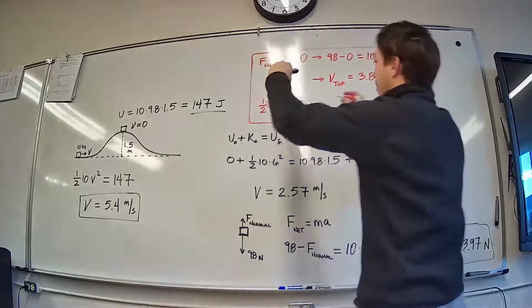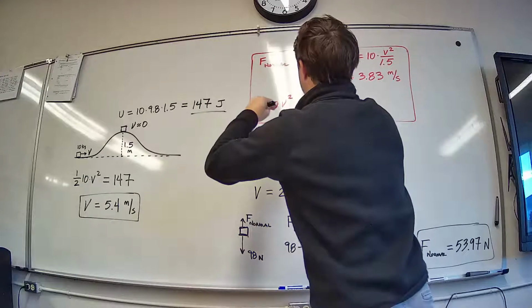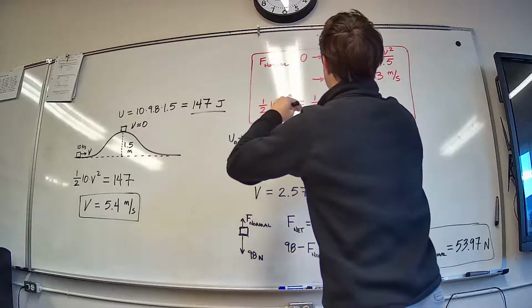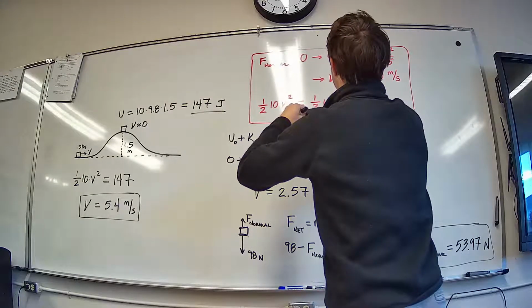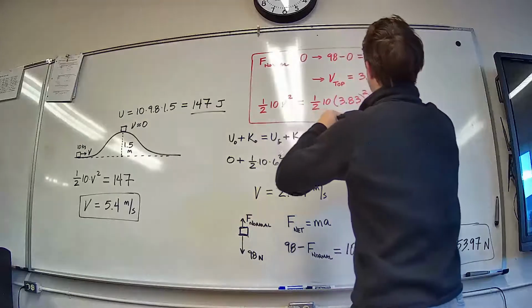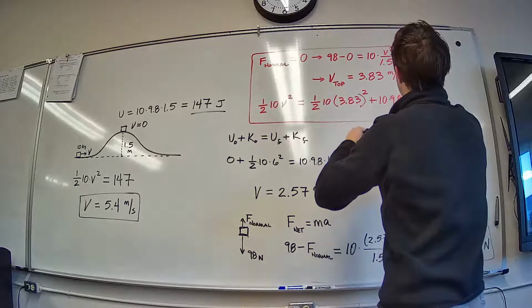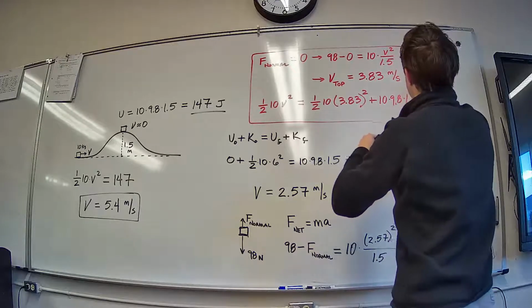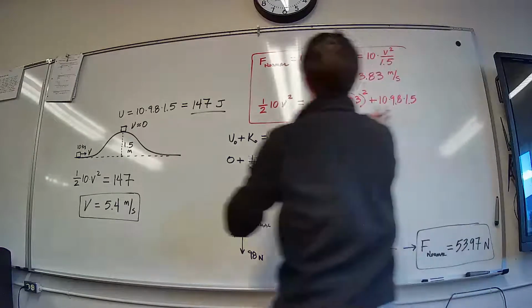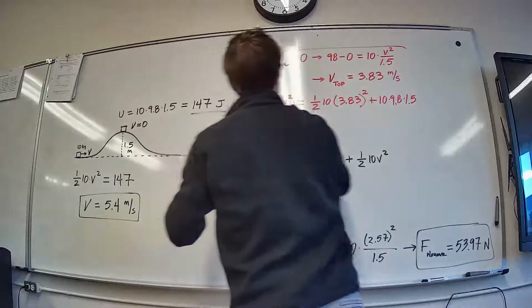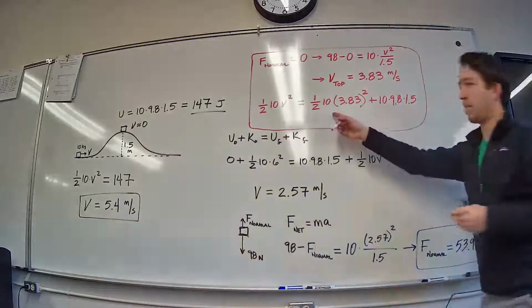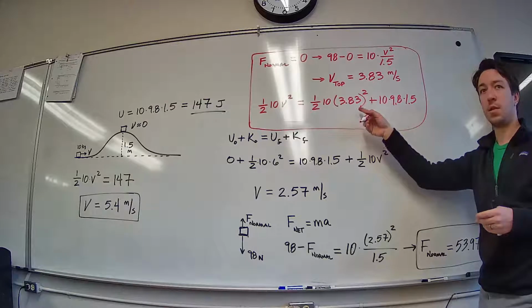And at the top of the ramp, I had 1/2 mv squared plus mgh. Does that make sense, how we're going?